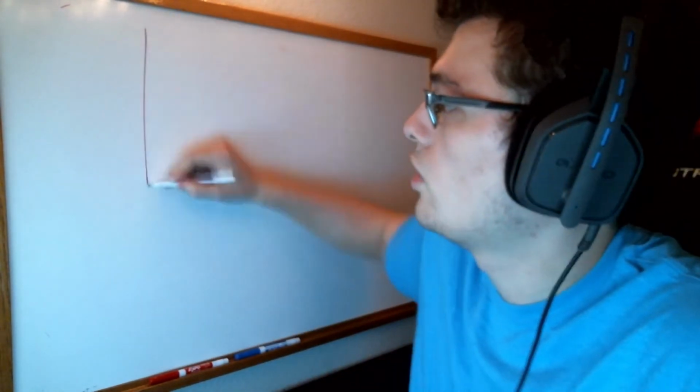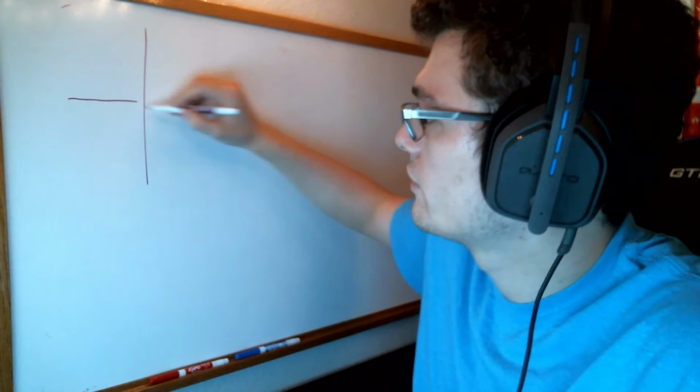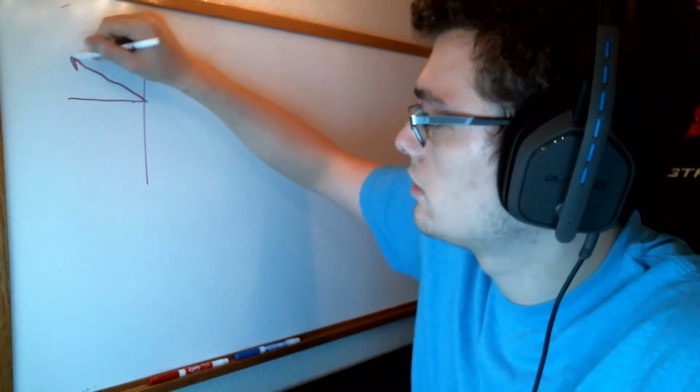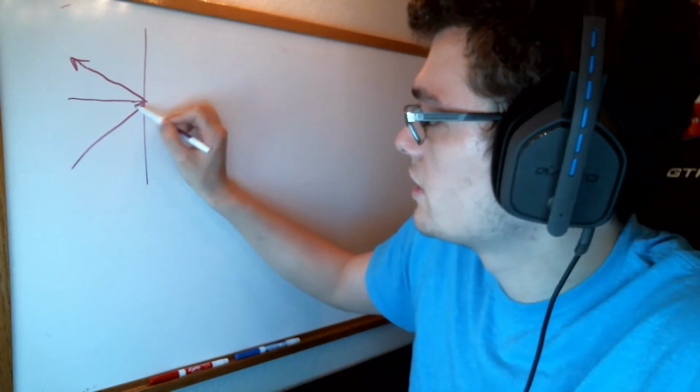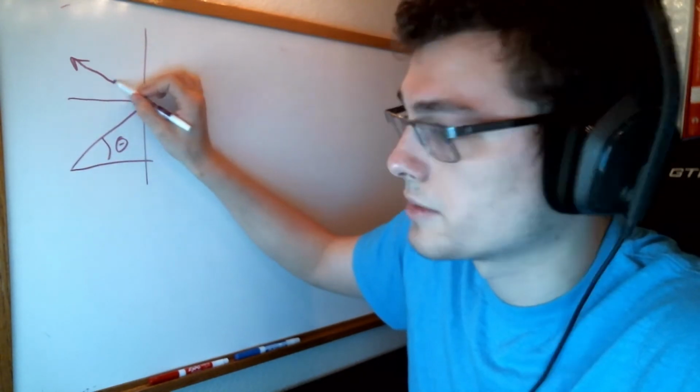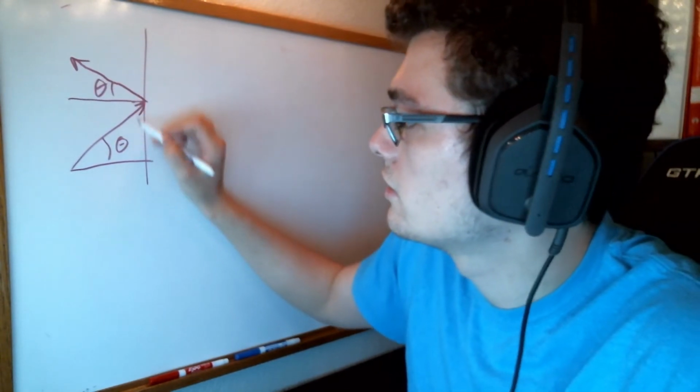Basically, we're just applying the concept that we learned in class. So we have a wall here, and a ball that ends up striking. So this is going to be theta. This is also going to be theta.